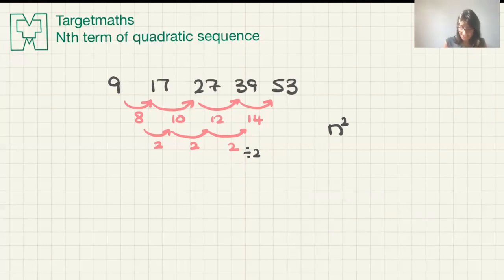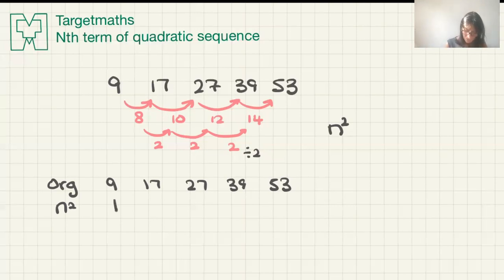So once I've done that step, I take stock of what I've got so far. My original sequence of 9, 17, 27, 39, and 53, these are the numbers I'm trying to find a rule to make. At the moment, I know my rule will have n squared in it. n squared generates square numbers, yeah? 1 squared is 1, 2 squared is 4, 3 squared is 9.